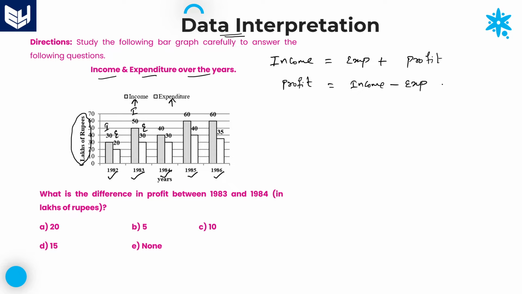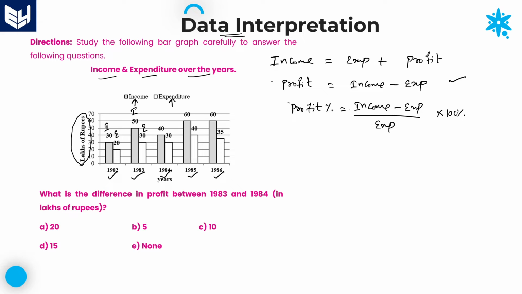So whenever you want to calculate profit, it is nothing but income minus expenditure. If you want the profit percentage, profit percentage is equal to income minus expenditure, which is nothing but profit, divided by expenditure into 100 percent.